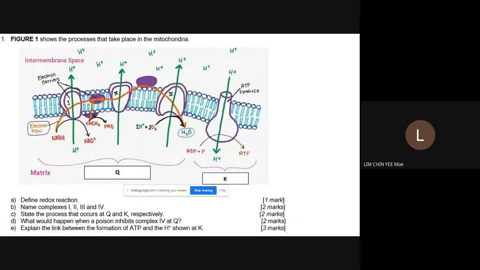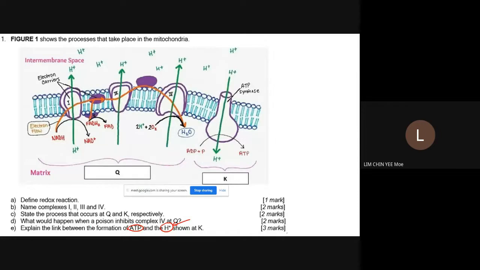Explain the link between the formation of ATP and the hydrogen ions shown at K. Actually, this is another way of asking oxidative phosphorylation, tapi dia nak you bagi tahu juga pasal H+, sebab dia dah specify H+ dekat sini. So you have to tell what is the role of H+ here, what happens to the H+ concentration, and how does that give rise to ATP production.